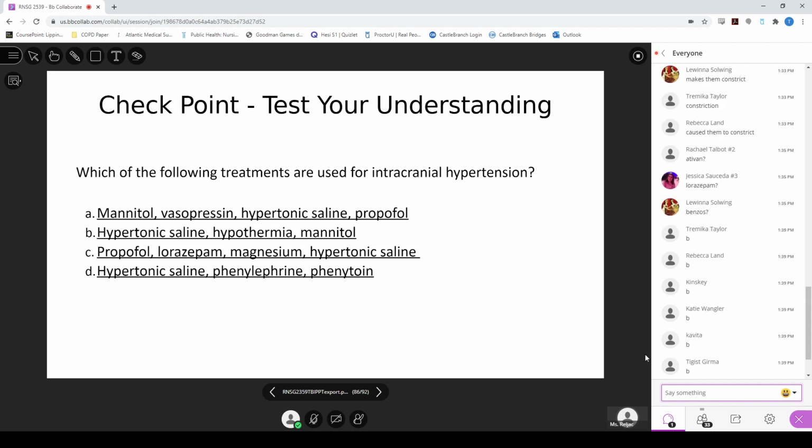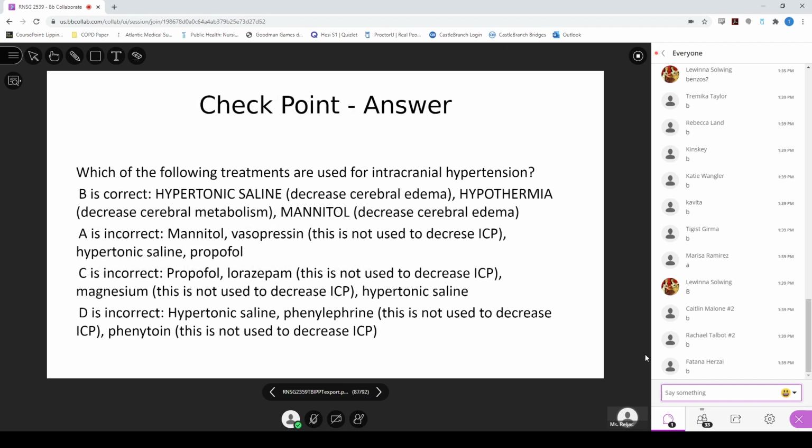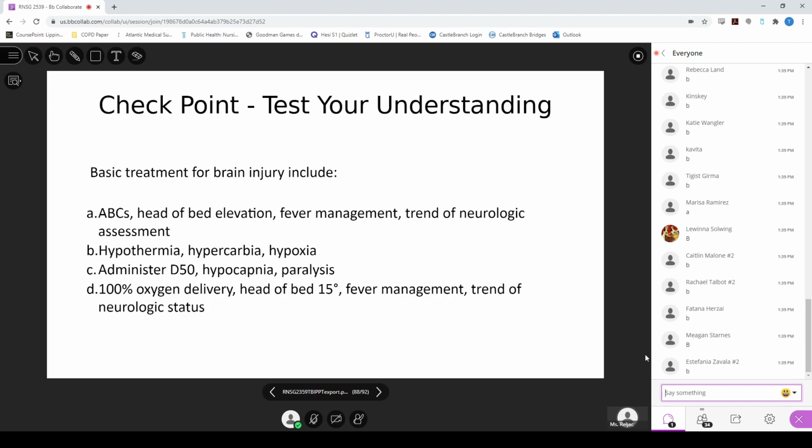Anybody else? Yay, I'm loving all the B's. And that's because the hypertonic decreases cerebral edema, the hypothermia decreases cerebral metabolism, and the mannitol decreases cerebral edema. Okay, that's a good job.